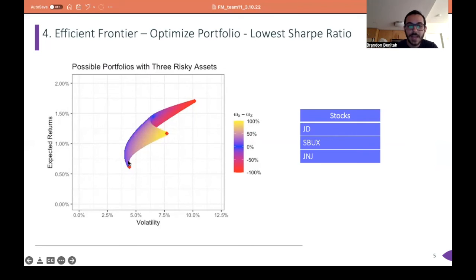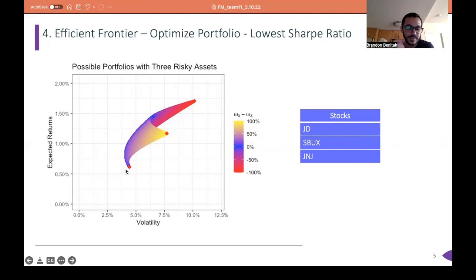So we can say that, for example, between SBUX and GNG, we can actually take out GNG because we are earning almost 1% more with only 2.5% more volatility. But as the objective of the portfolio is to minimize risk, adding GNG is a really good option.